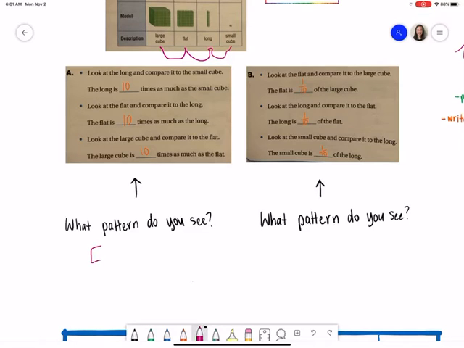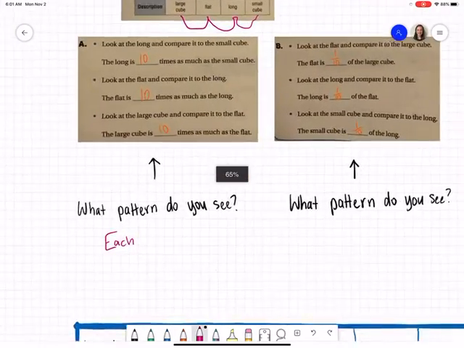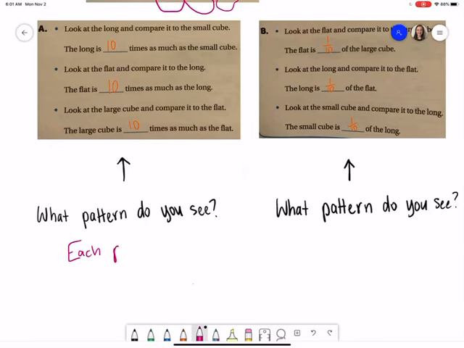So each place value that we move increases by times 10. It's multiplied by 10.